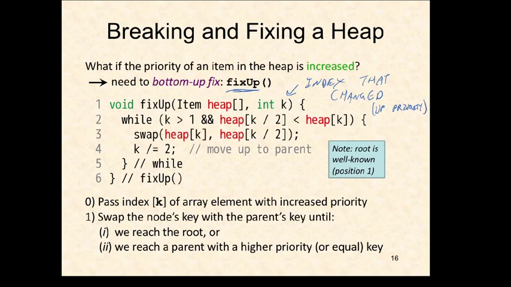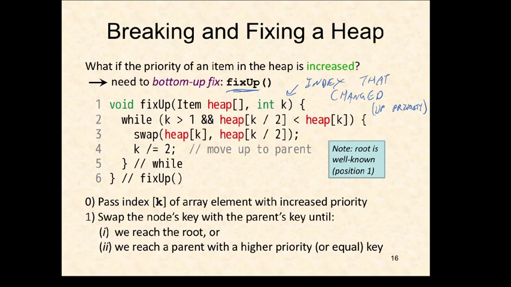So because it went up in priority, we're calling fix up. We'll do lower priority next. So because its priority increased, we called fix up, and we tell fix up, hey, here's the index of the one that changed.